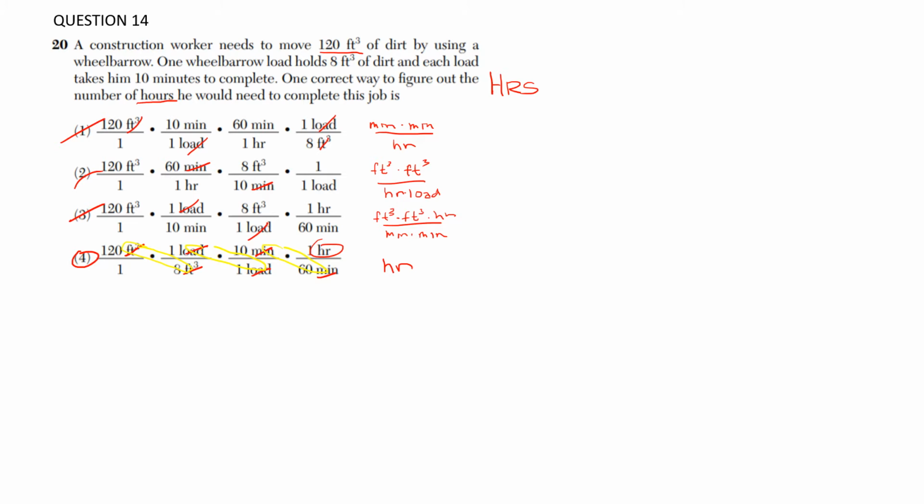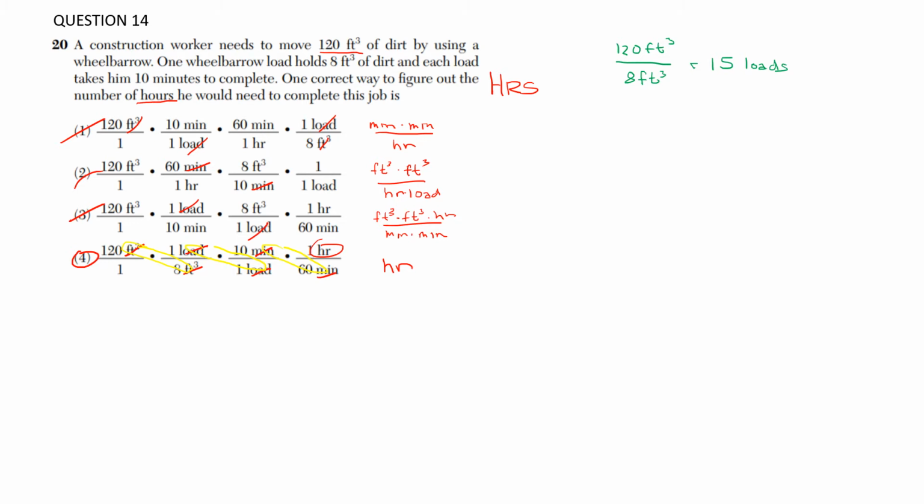But I also wanted to look at how you would work this out by brute force. We know that this construction worker has to move 120 cubic feet of dirt. And then we know that each wheelbarrow load can only hold 8 cubic feet. So to calculate how many wheelbarrow loads he needs, we can divide this by 8 cubic feet, and I think that's 15 loads on his wheelbarrow.